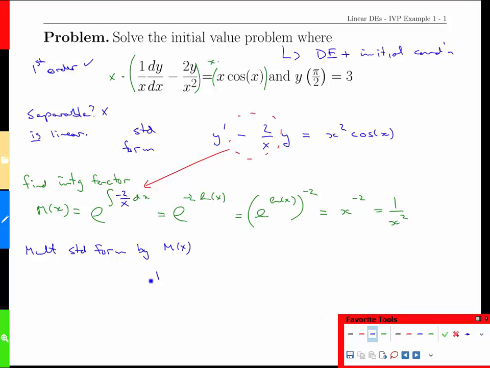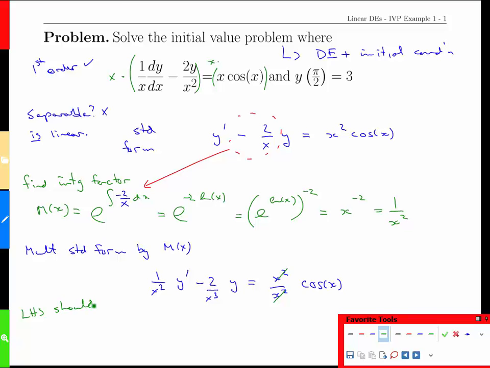So we're going to have 1 over x squared y prime minus 2, and it's going to be over x cubed when we multiply 2 over x by 1 over x squared times y. And when we multiply through by 1 over x squared, we're going to have x squared over x squared cos of x. Cancel, cancel.